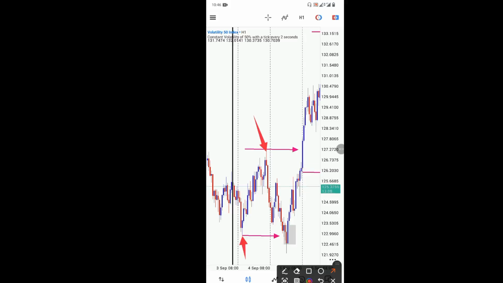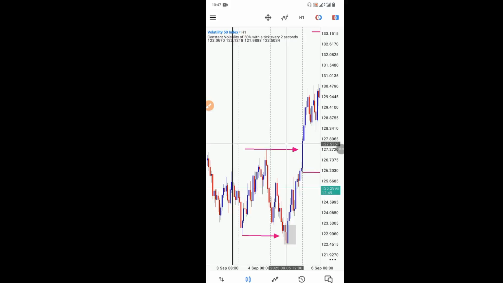When you come to your charts, now we are taking a look at, for example, the 5th of September on this day. You can go into your chart to check this also.